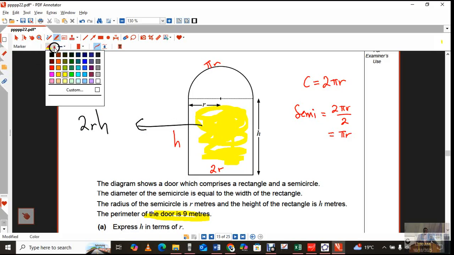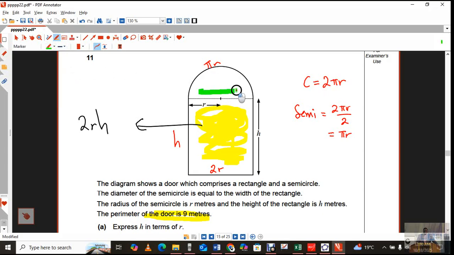Then the area in green, which is this, right? That is an area of a semicircle, so that is going to be a half pi r squared. So our job is just to find the area of the door, which is these two added together.